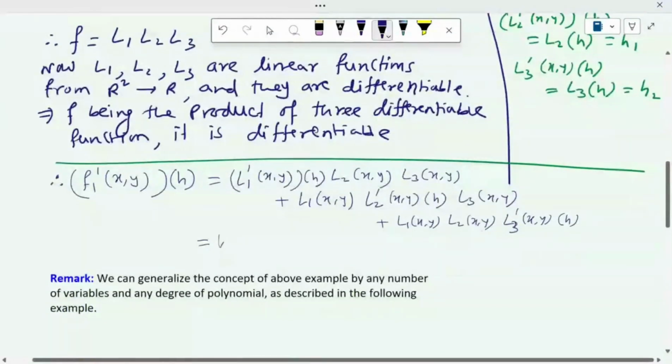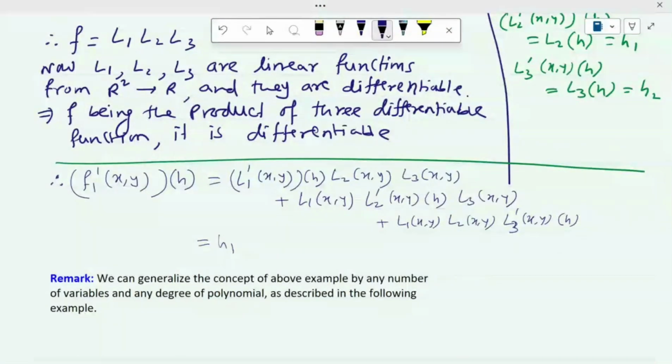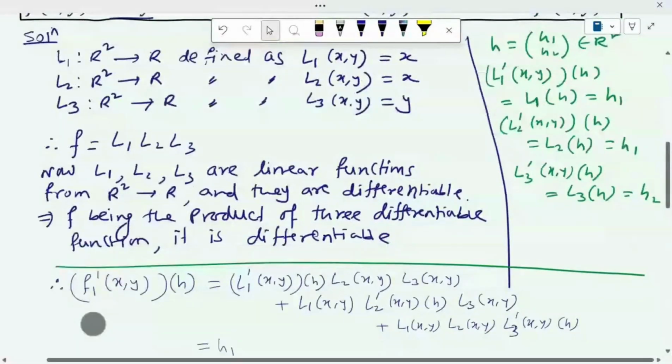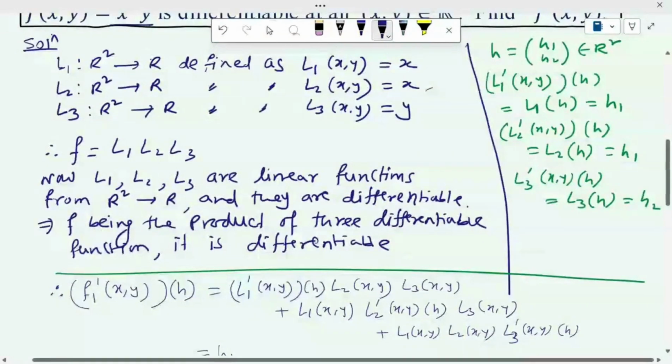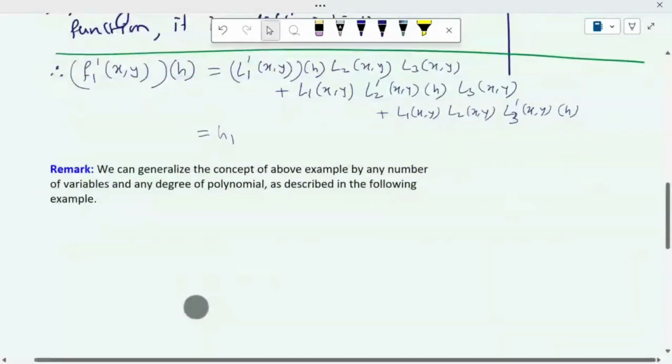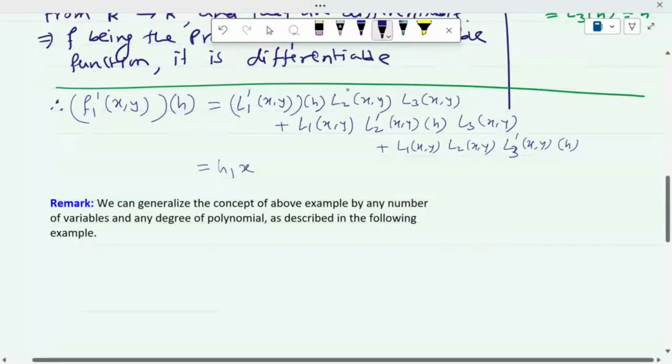So L1 we already calculated, which is h1. L2(x,y) is defined as x, and L3(x,y) is y.